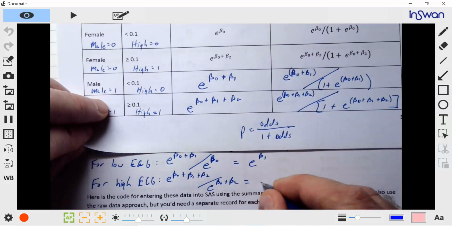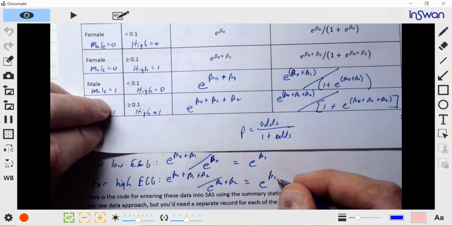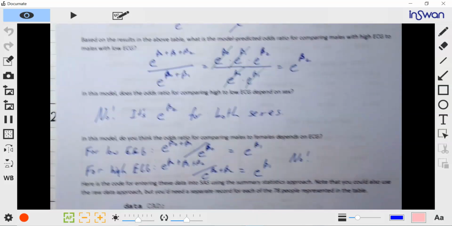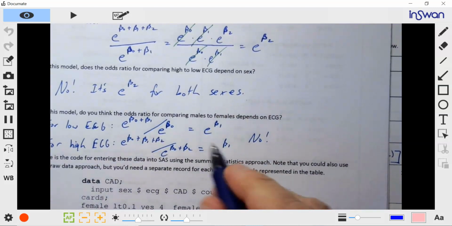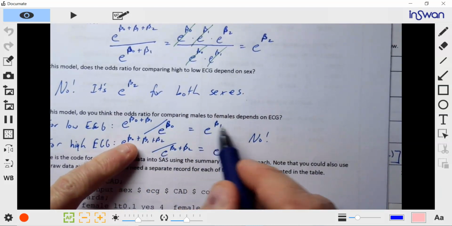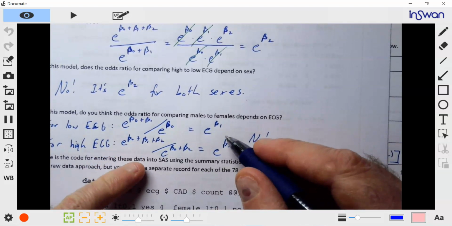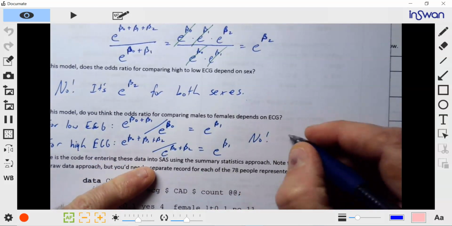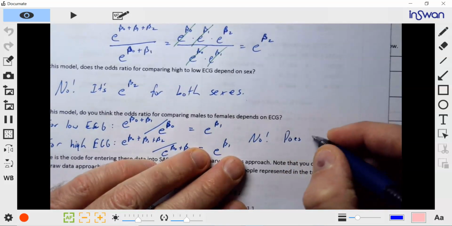So we can cancel things out again. Again, that's e to the beta 1. So no, the answer here is that the odds ratio for comparing males to females is the same whether we're talking about low ECG or high ECG. So it does not depend on ECG.